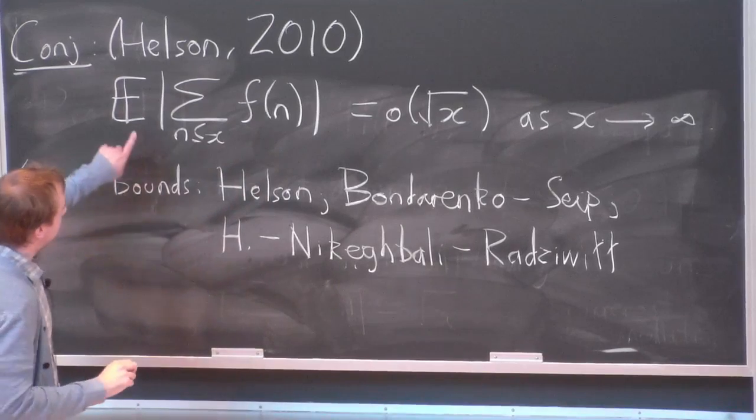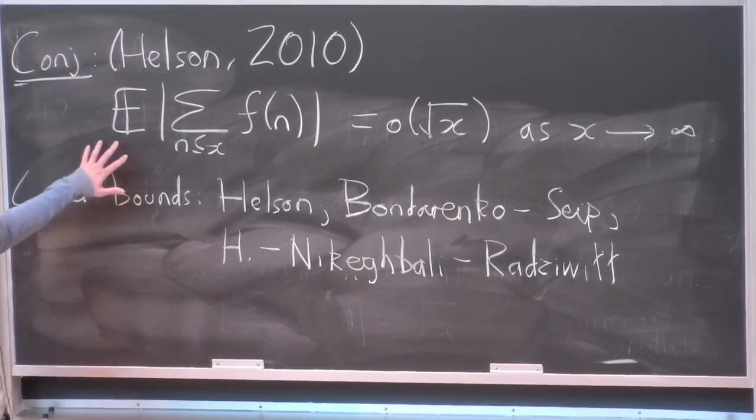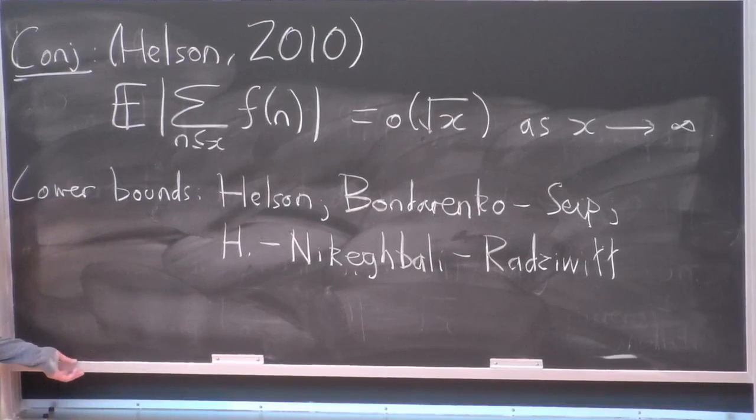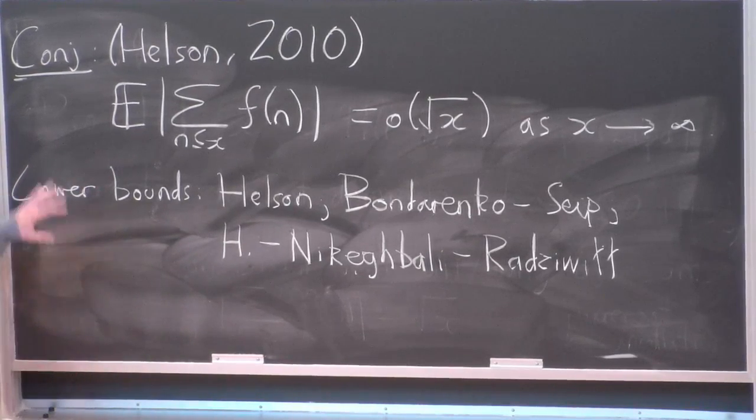And we showed that the expectation is at least as big as root x over log x cubed, roughly. So if the conjecture is true, it's at least not very true. It can't be too much smaller than root x. But nothing was known about how to maybe prove this, but at least in this setting there was a conjecture that it should be little o of square root x.